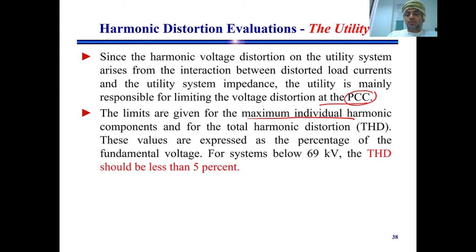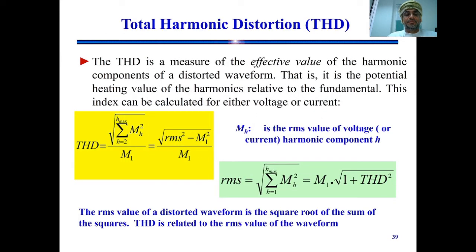For example, I will show you the IEEE standard later on, but they say that if you have a system below 69 kilovolt, then the total harmonic distortion for the voltage should be less than 5%.